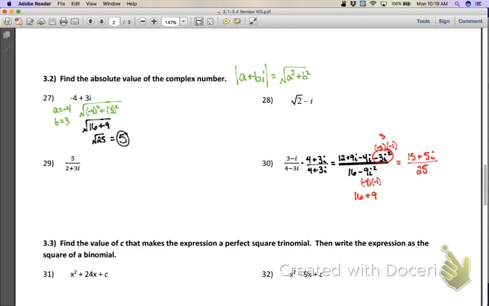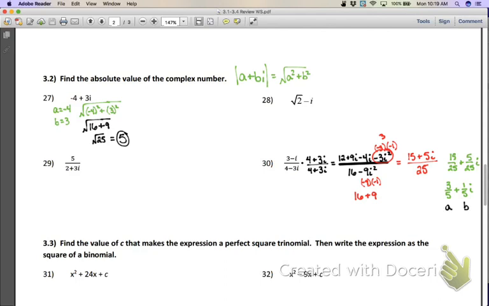Now I'm going to simplify it. This is one that I wouldn't leave stacked. So if I have 15 over 25 plus 5 over 25i, I have 3 over 5 plus 1 over 5i. So I'm going to plug it into my formula the same way.